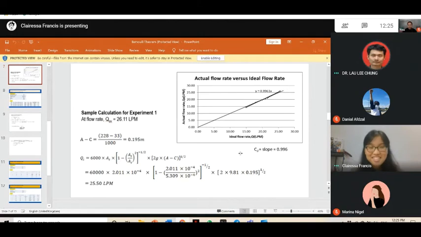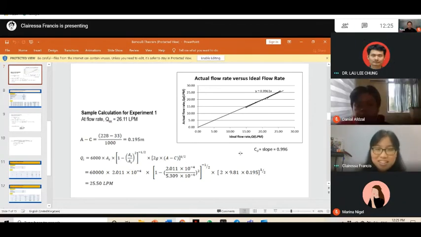So can you describe to me the shape or the characteristic of a Venturi meter? It has a big pipe, then it becomes smaller in diameter, and goes big again.